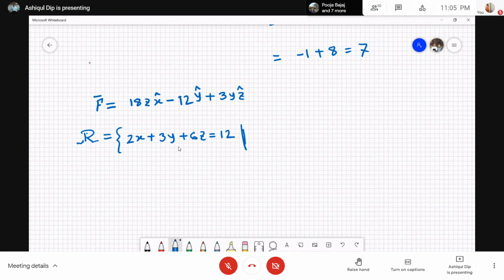So basically they are talking about the region intersected with x going to infinity, and intersected with y going to infinity, and intersected with z going to infinity, like that.